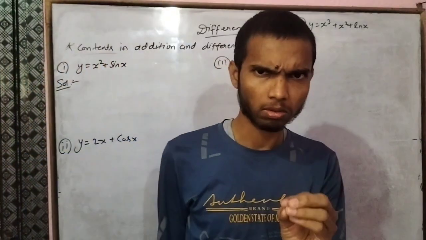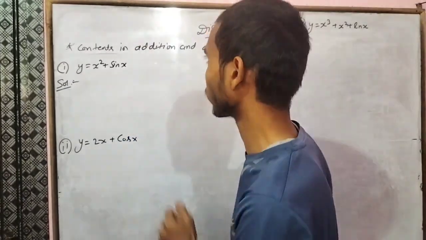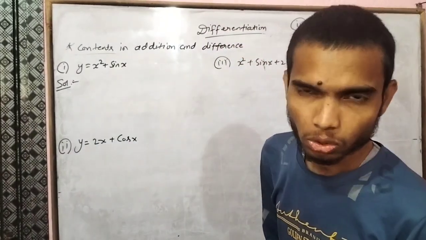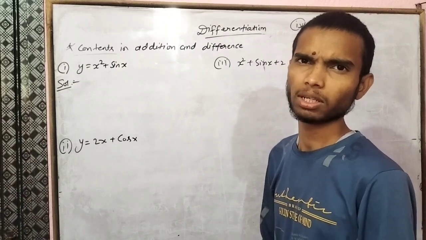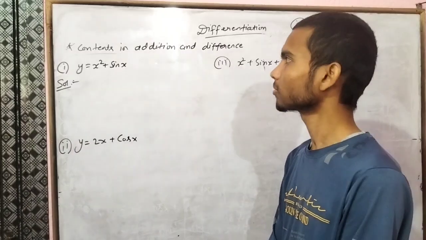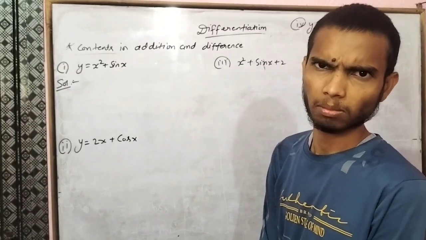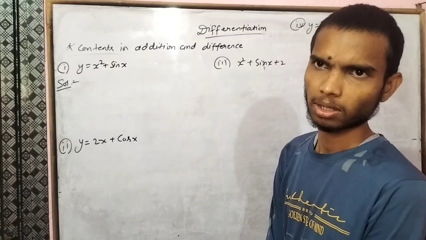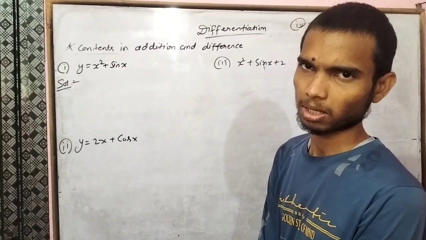We saw the first rule of differentiation. Now this is the second rule. The functions are in addition and subtraction, not multiplication. We saw functions in multiplication with addition or subtraction.